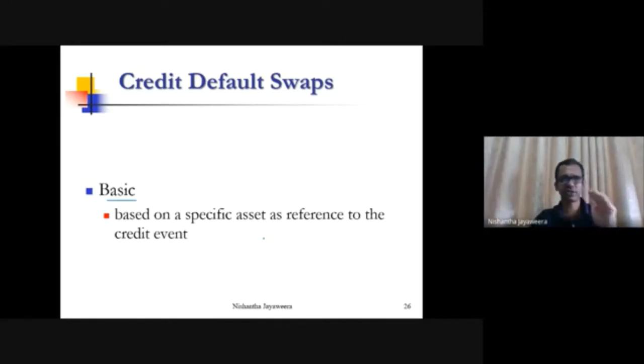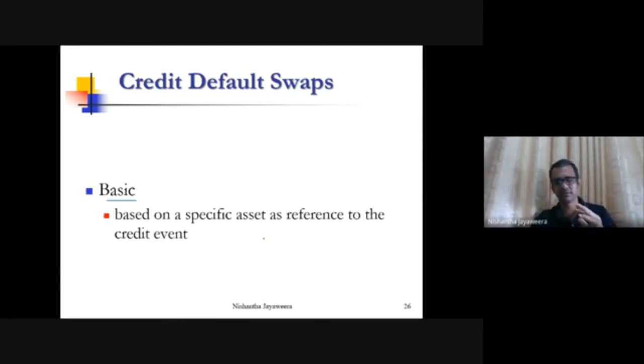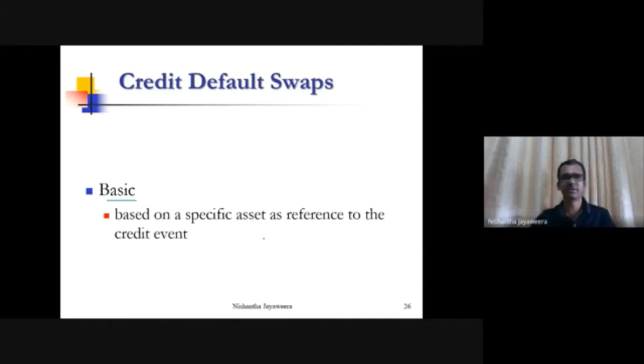So you link to that specific asset. The credit event is also linked to that asset, for example whether the interest payment is delayed or something like that. Based on that credit event, the compensation will be paid.